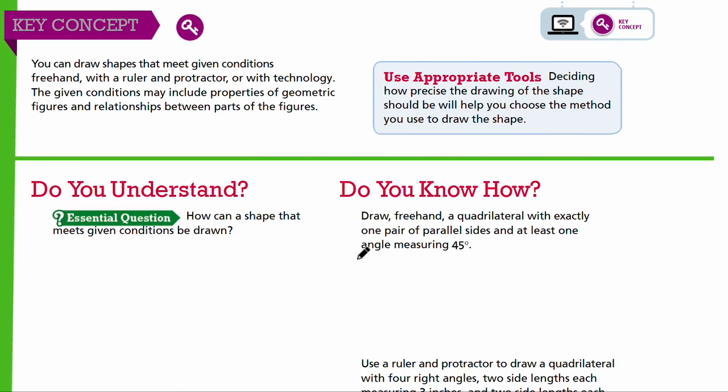Okay, so that was lesson 10-2, drawing geometric figures. This is the key concept. You can draw shapes that meet given conditions freehand, with a ruler and protractor, or with technology. The given conditions may include properties of geometric figures and relationships between parts of the figures. We'll probably talk about sides and angles and how many sides we have.